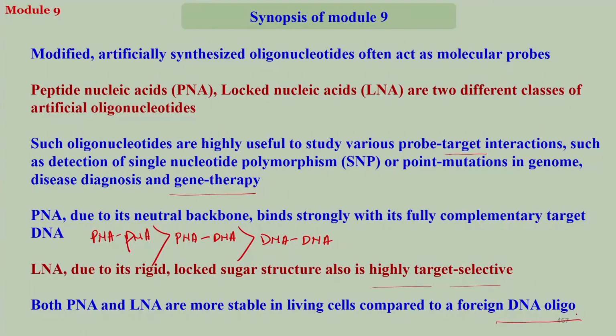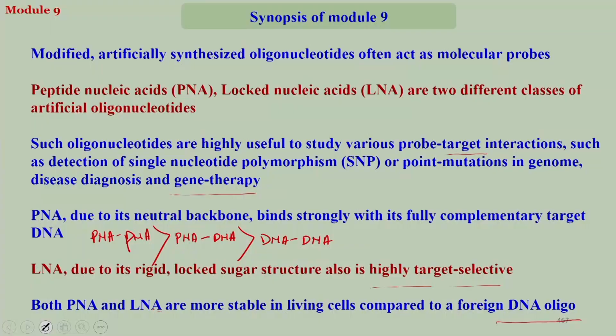So, if you use a synthesized DNA oligonucleotide as a probe, it is not very stable in the cell, it is not going to persist in the cells, it would be chopped off. So, you cannot do your studies using these DNA oligos. PNA and LNA: PNA is highly nuclease stable.